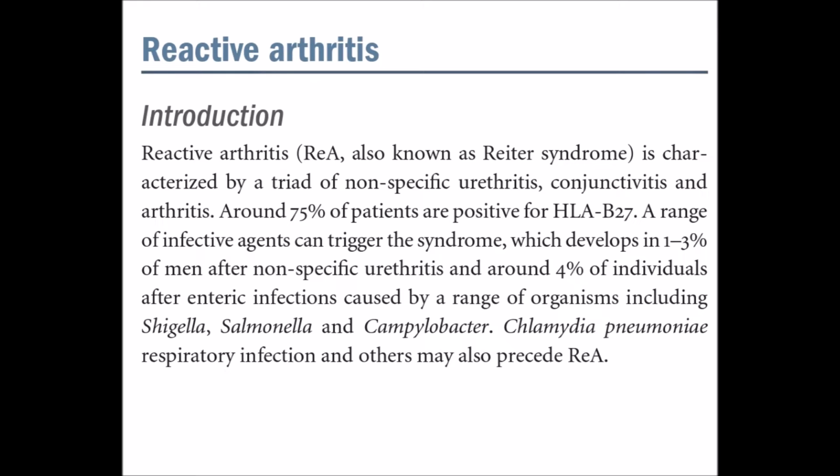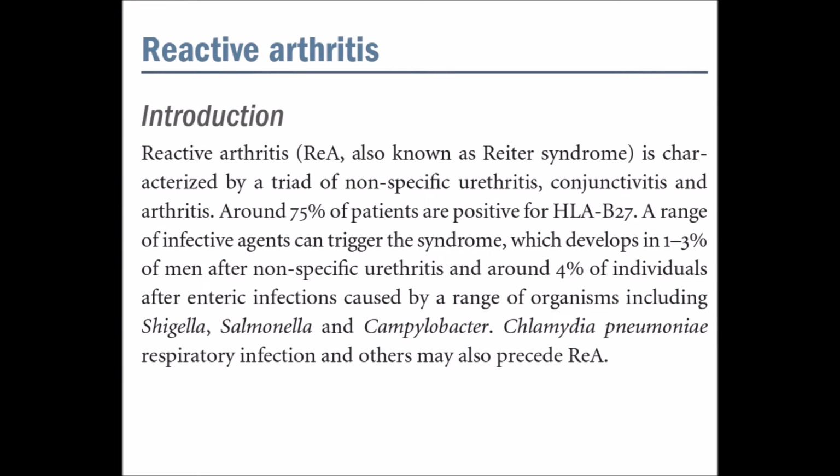A range of infective agents can trigger the syndrome, which develops in 1 to 3% of men after non-specific urethritis and around 4% of individuals after enteric infection caused by a range of organisms, including Shigella, Salmonella, and Campylobacter. Chlamydia pneumoniae respiratory infection and others may precede reactive arthritis.